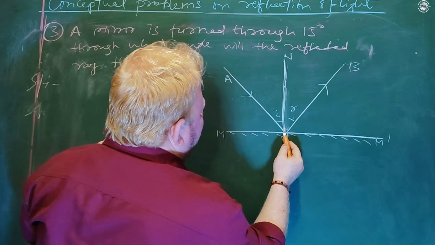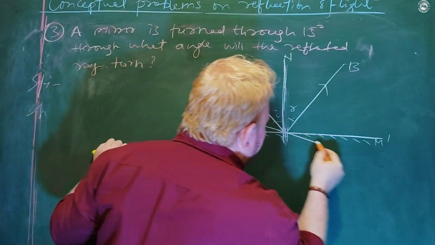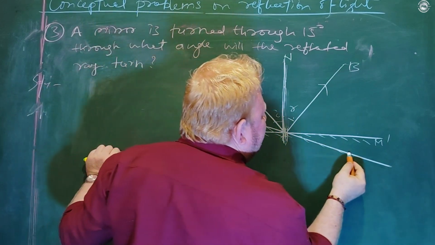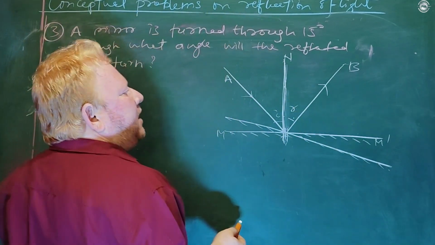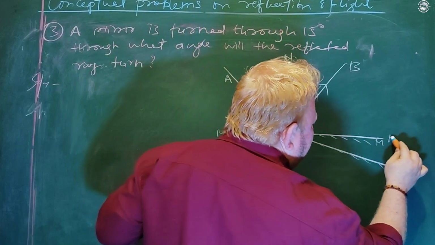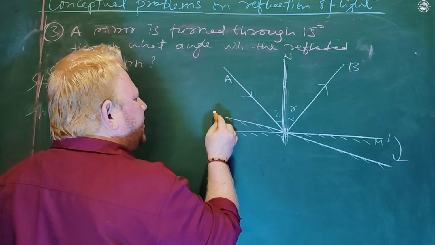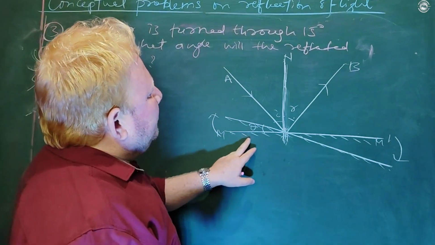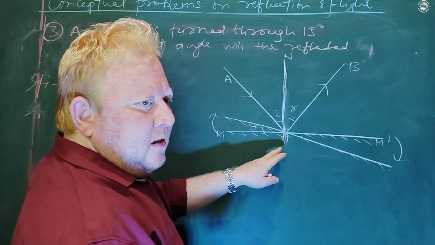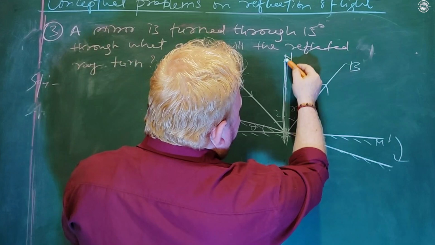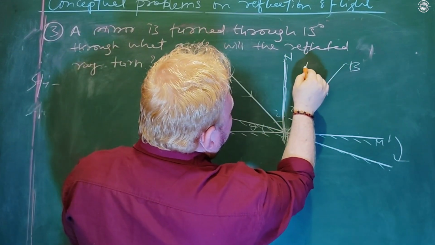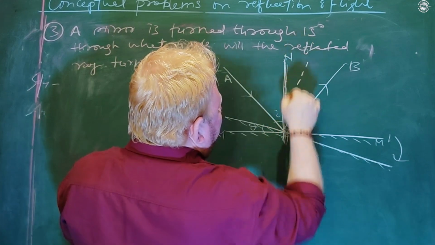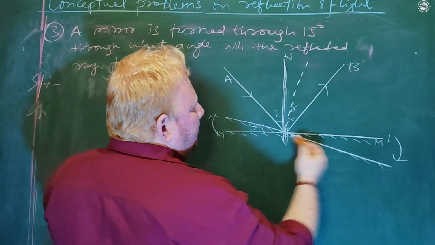Now, let us suppose what exactly happened when a mirror is turned. I am assuming that the mirror is turned by some angle theta. If this mirror is turned by theta, then you can say, sir, the normal will also be turned. So ON was the normal on MM dash.